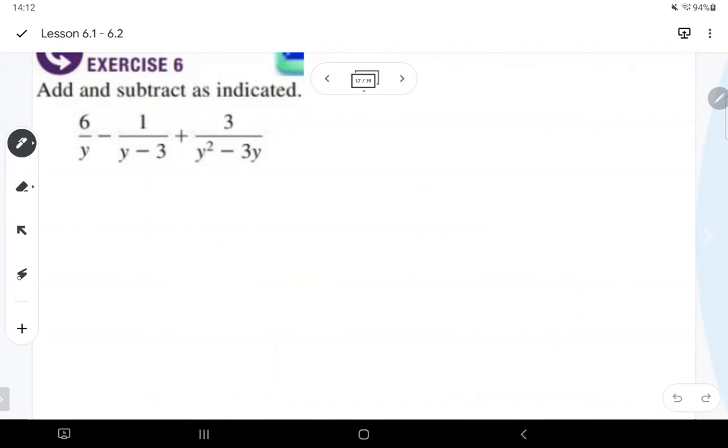So here we're actually mixing adding and subtracting, as the question asks. So what we have to do first is figure out your denominators. And to help you out, this part would be y minus 3. So your denominators in general are y, y minus 3, and y minus 3.